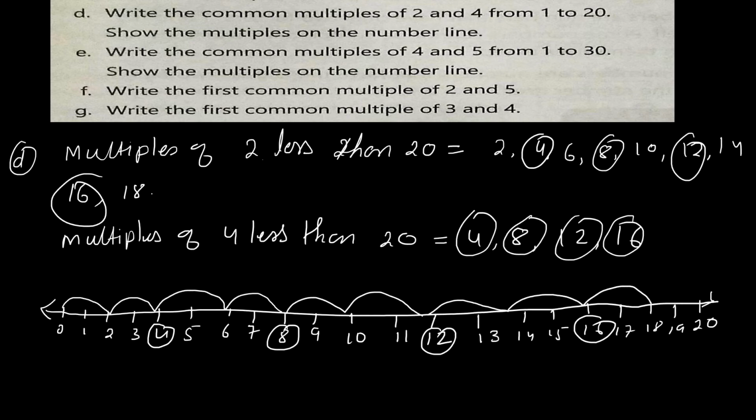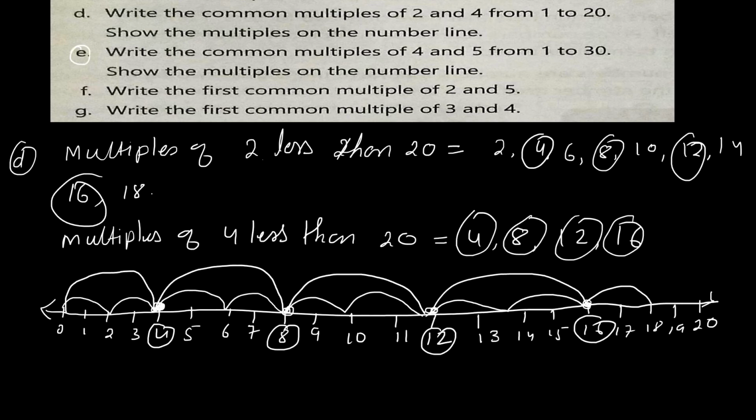Okay, now table of 4: 4, 8, 12, and 16. So the overlapping ones, as you can see here, are the common ones. We saw this in the example also. Yes or no? Got it? Now question number E, you try.